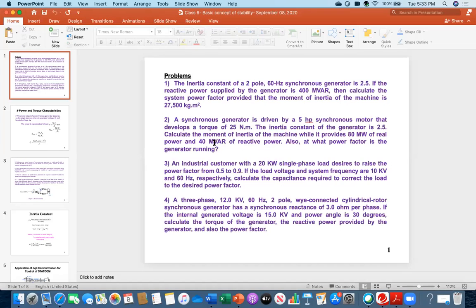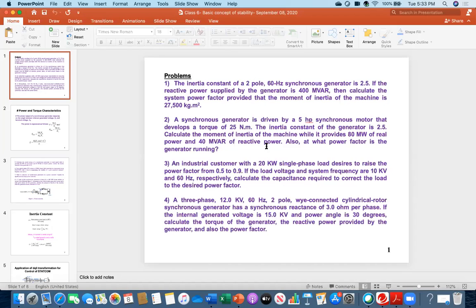There are 2 results. Calculate the moment of inertia of the machine, and the second question was, what was the power factor? What was the moment of inertia value? I got 20,089. Okay. Power factor 0.944.